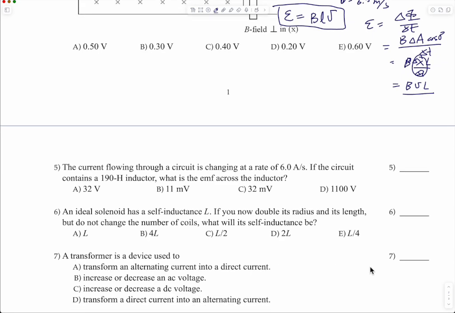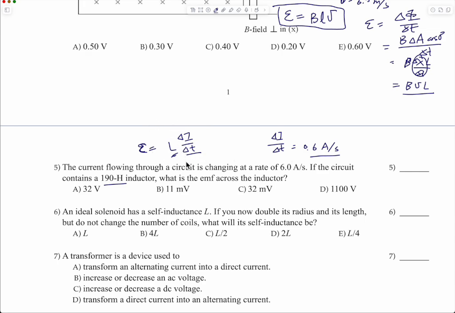Number 5: the current flowing through a circuit is changing, with changing current over time equal to 6.0 amperes per second. If the circuit contains a 190 henry inductor, what is the induced EMF? The induced EMF is proportional to the changing current, and the proportionality is the inductance. So you have inductance 190 henry and 0.6 ampere per second.